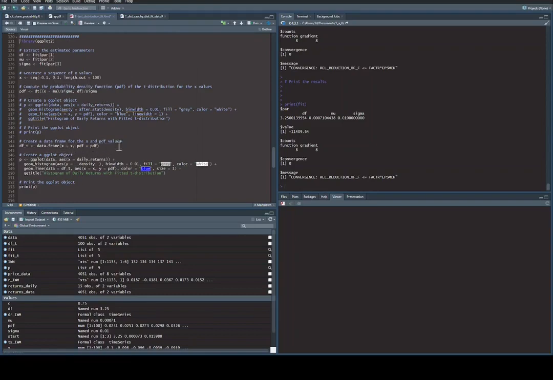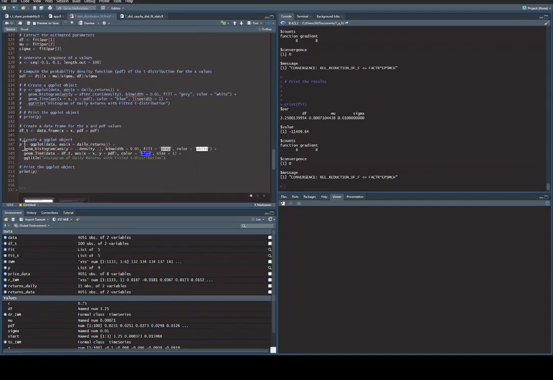It's a PDF, not a CDF. So it's a double-sided chart. And we have ggplot. Okay, there's the data there. We'll run it.